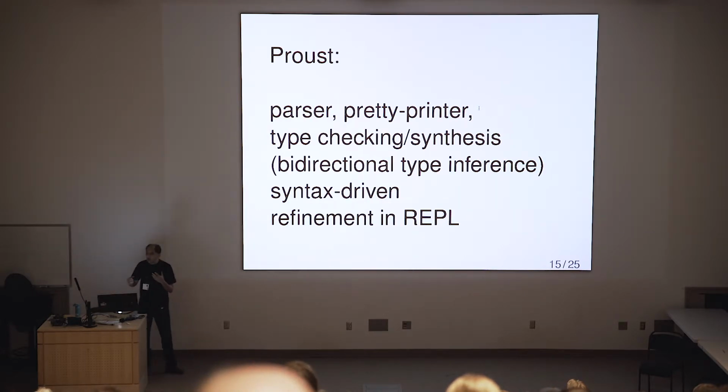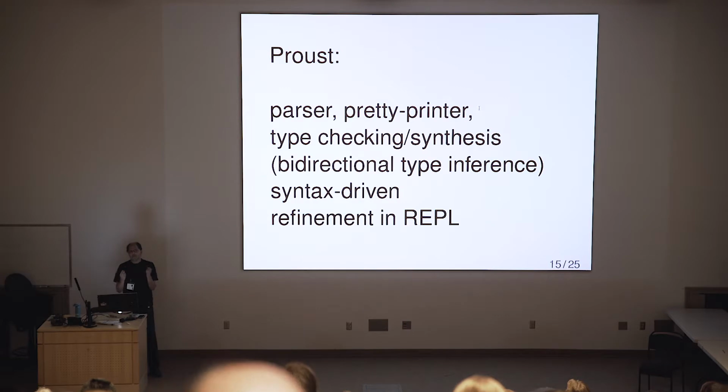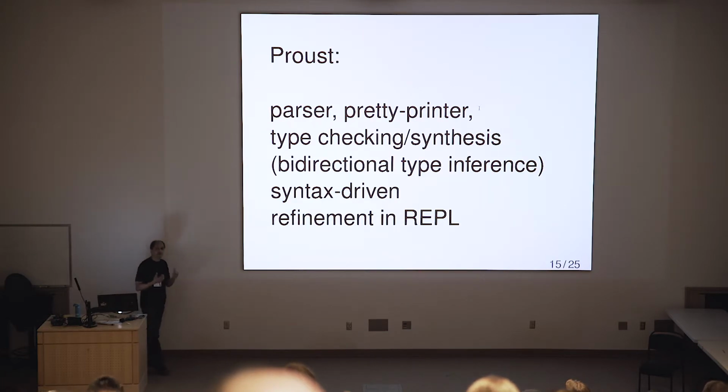And two mutually recursive functions that do type checking and type synthesis. You may have noticed that my lambda terms, my proof terms, don't have any type annotations in them. So sometimes we have to figure out what type is represented by a term. And that's the type inference part. This is all syntax driven so that the code is really simple once the rules are laid out.